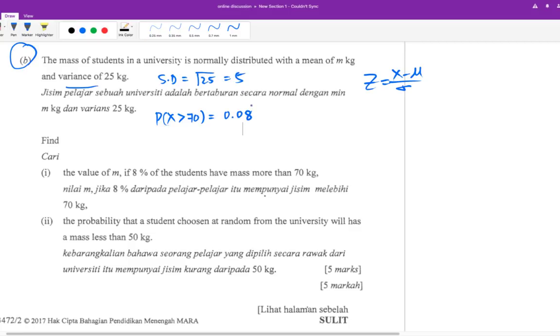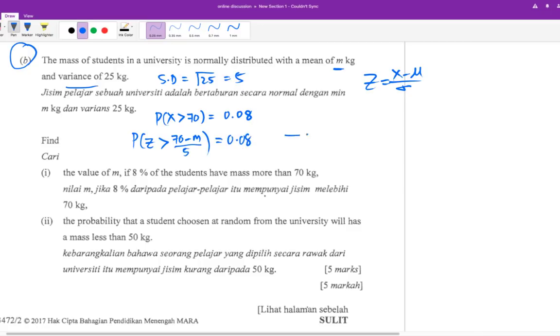Right, so in order to find this one, because we don't have the value of the mean here, and this is a probability distribution, we will actually need to change it into z. When you change to the z, whatever this value x is, you need to use 70 minus mean, which is the m here, over standard deviation 5, and then you will get 0.08.